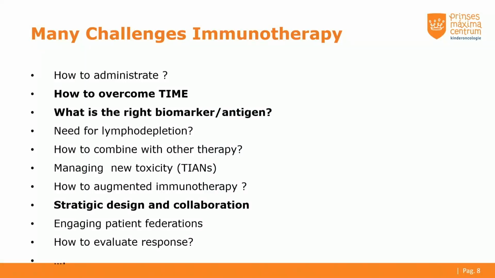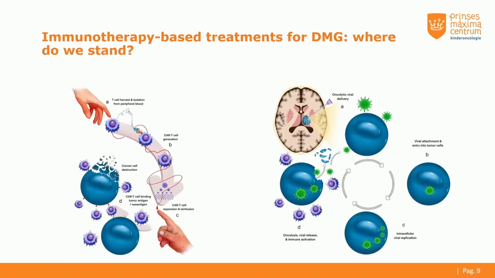And of course, patient federations are very important as well. I'm not going to address all of those, obviously, but I think these are important questions for the future. So I just want to touch upon 2 different modalities of immunotherapy.